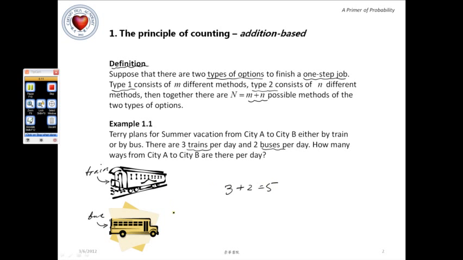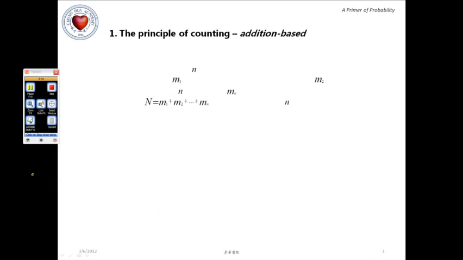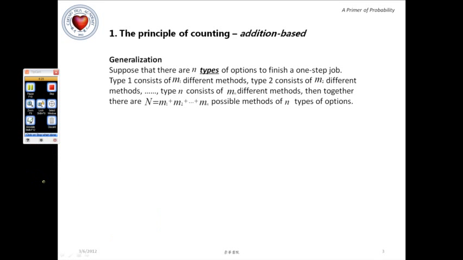Now, let's turn to the generalization of the principle of counting. When there are more than 2 types of options to finish a one-step job, the addition-based principle of counting can be generalized.